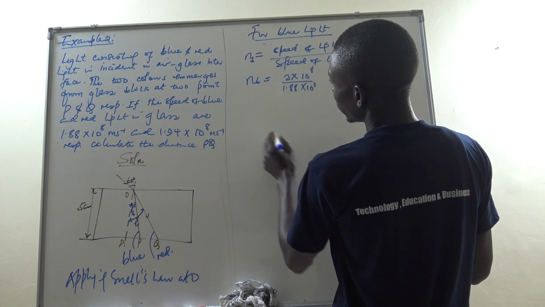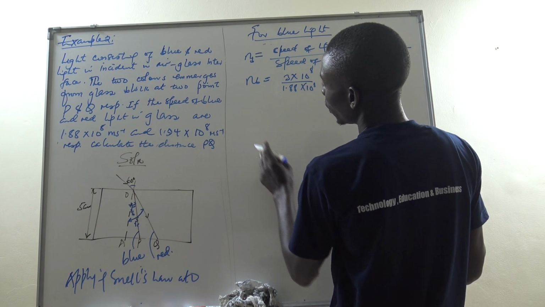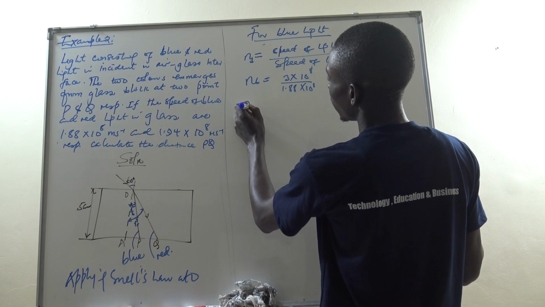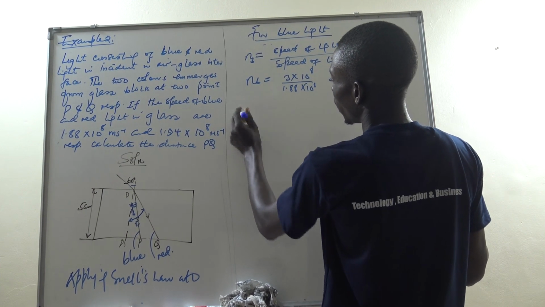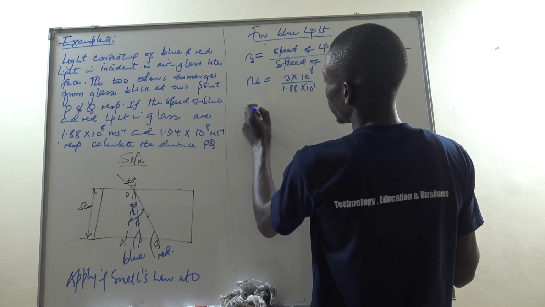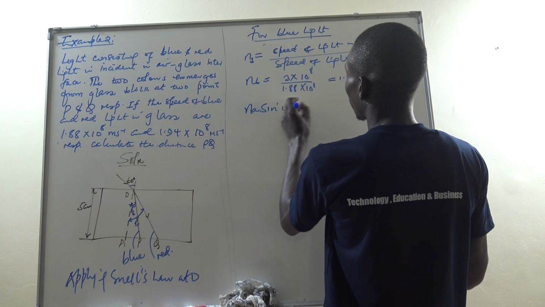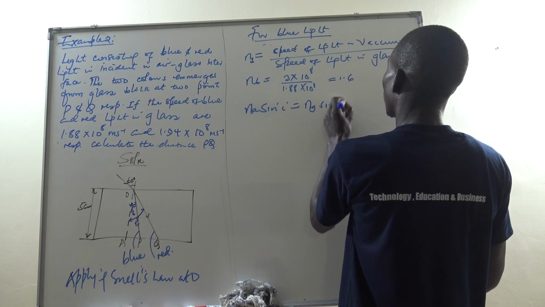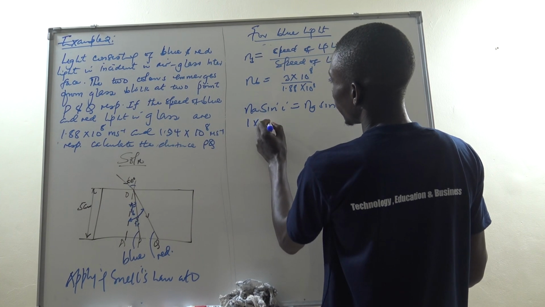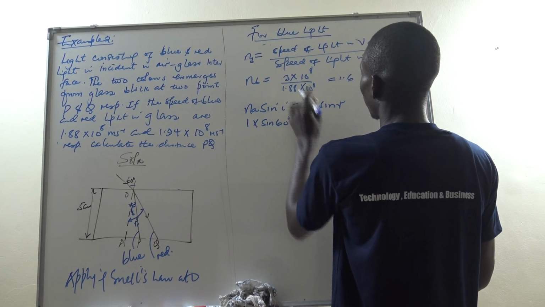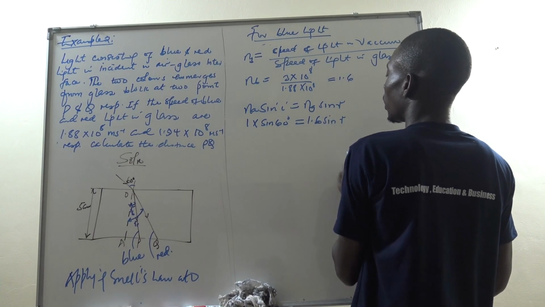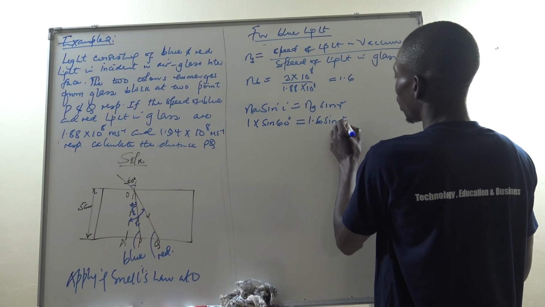Now if I apply Snell's law, the refractive index of air is 1, so 1 times sine of the angle in air, sine 60, equals the refractive index of the glass, 1.6, times sine of the angle of refraction for blue.